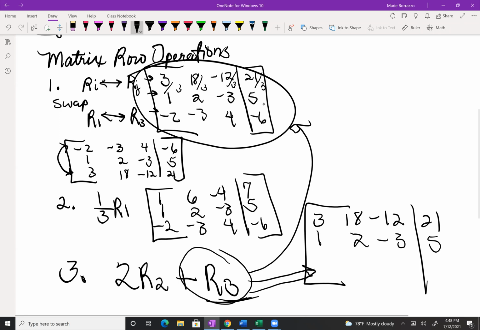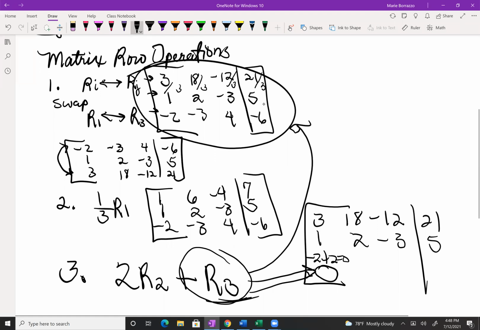So row 3, so 2 times row 2, so 2 times 1 plus row 3, which is a negative 2. So I have negative 2 plus 2, which equals 0. So my new value for row 3 in the front is 0.